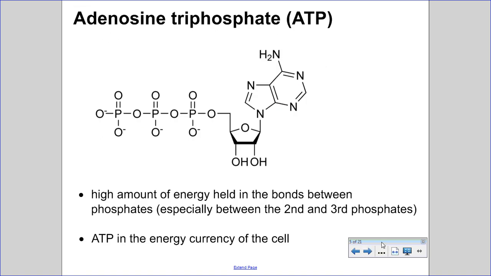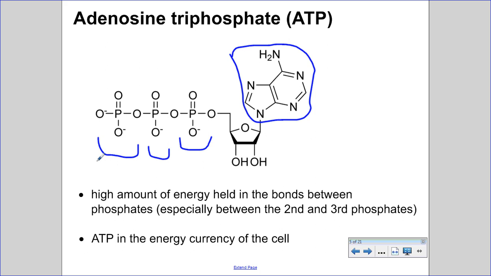So to start off, we'll take a look at ATP, adenosine triphosphate. Having a look at the molecule itself, the part that contains nitrogen is our adenosine, which is attached to a ribose sugar, and that ribose sugar is attached to 3 phosphate groups.